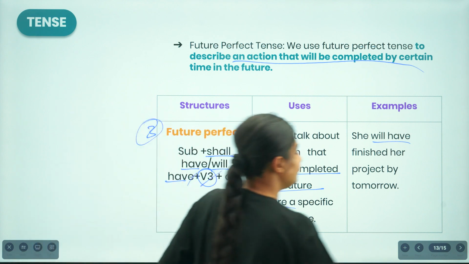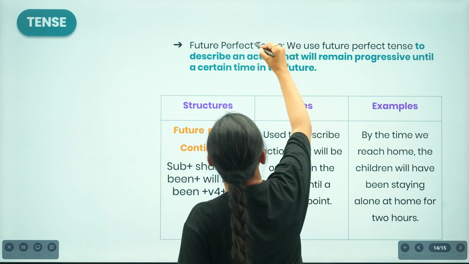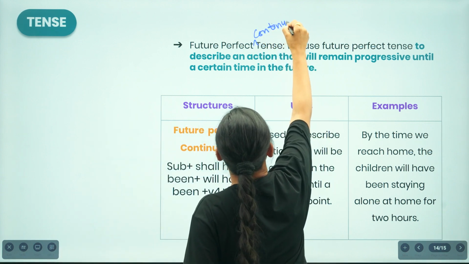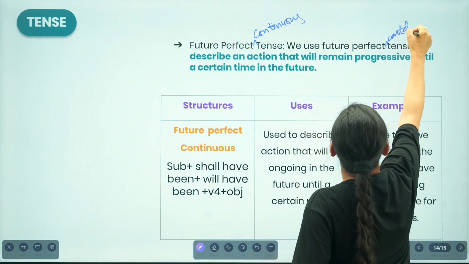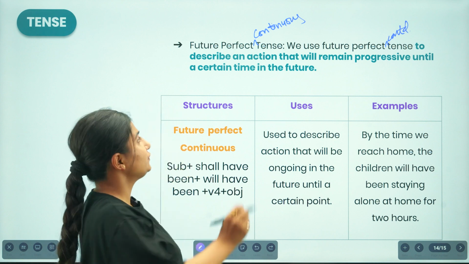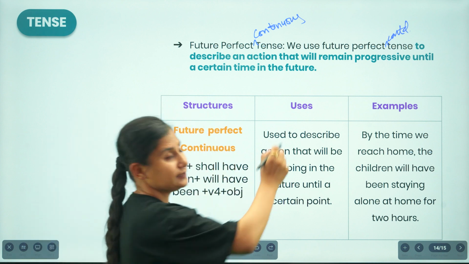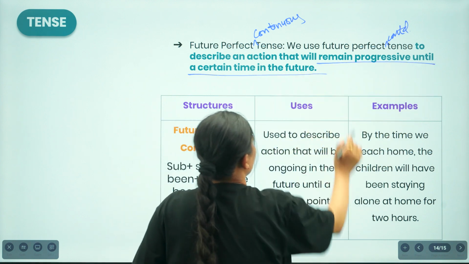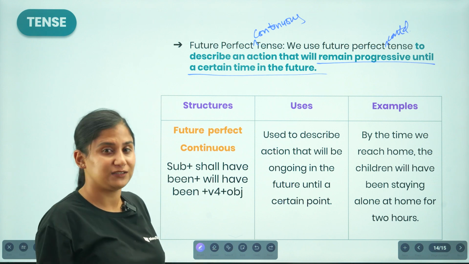Okay, let us move to the last subtype, that is future perfect continuous tense. So what is the use of this? We use future perfect continuous tense to describe an action that will remain progressive until a certain time in the future. Something that will remain in a progressive form.